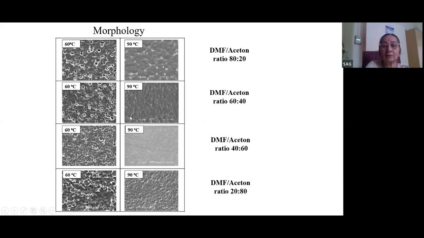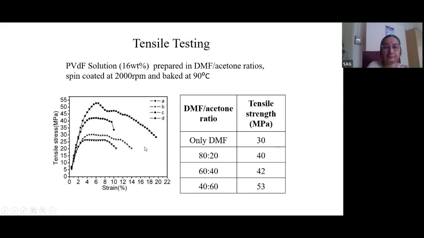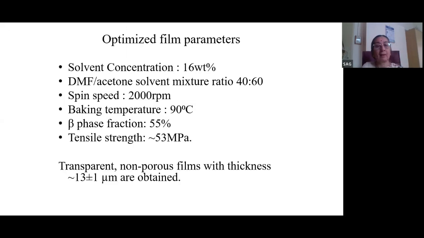So we used the DMF acetone ratio of 40-60 and a baking temperature of 90 degrees, which gives us a sufficiently uniform and pinhole free film. Tensile testing was also done.